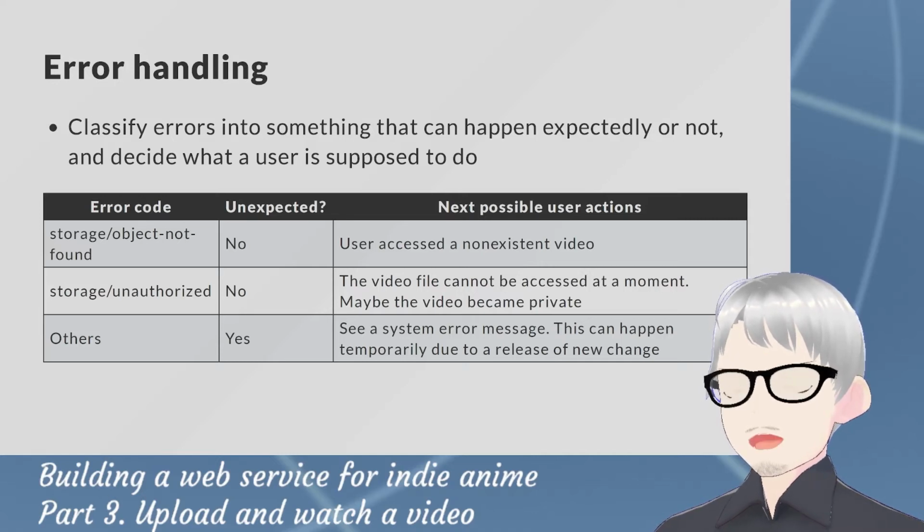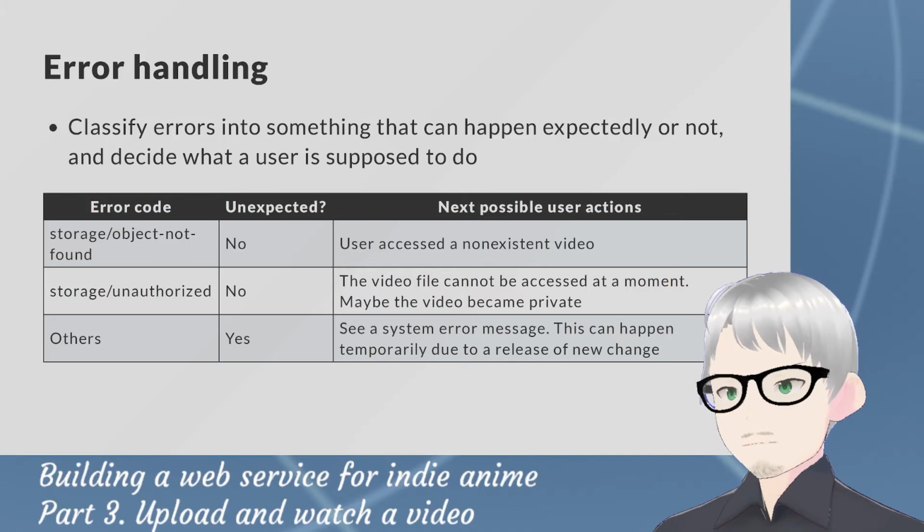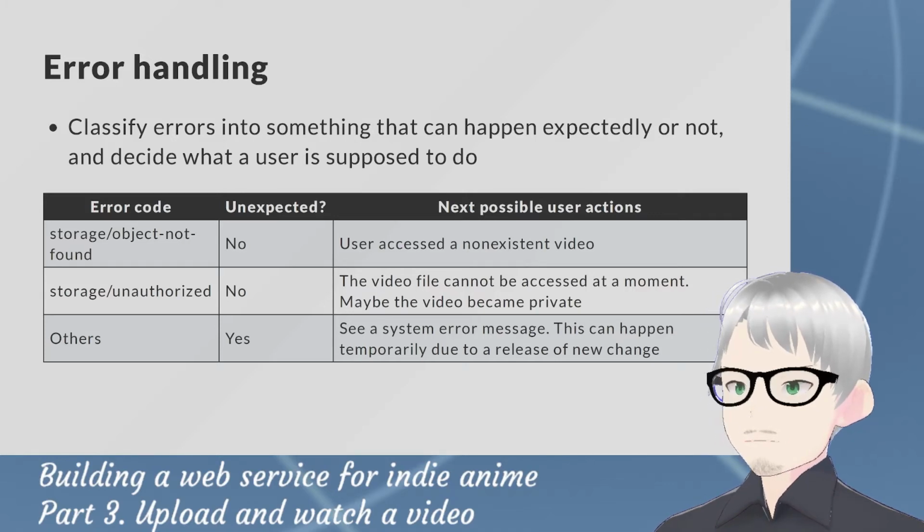So I was thinking about this case as well, and I handle it and show the error message that the video is private when this happens. And for other cases, I don't think they should be handled separately or differently from others. So just show error messages.